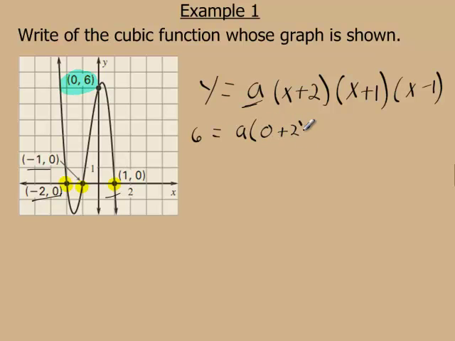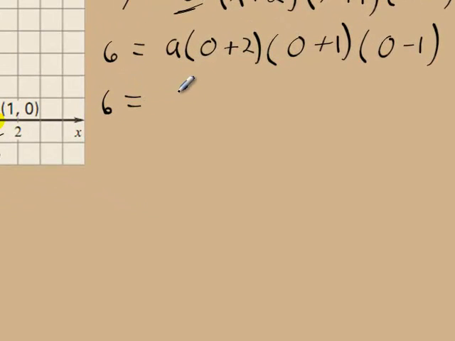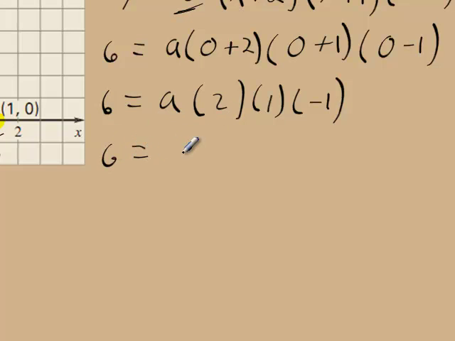So 0 plus 2 times 0 plus 1 times 0 minus 1. When I simplify that, it's going to be a times 2 times 1 times -1, which simplifies to -2a.